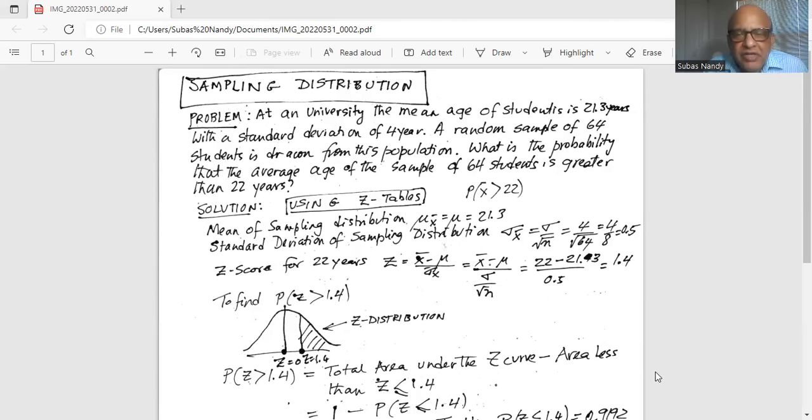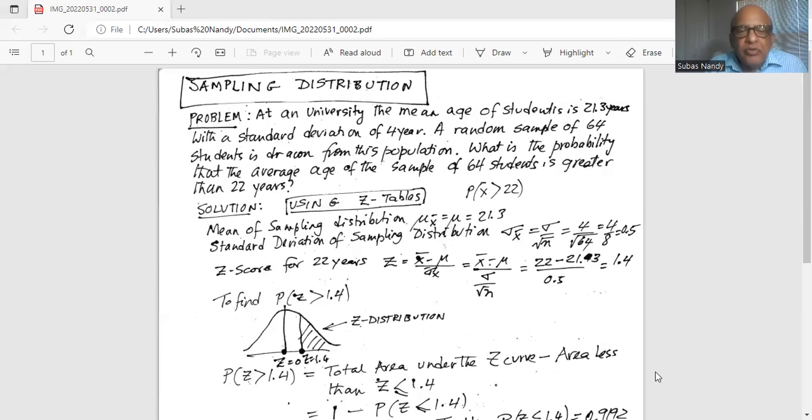Now the standard deviation of the sampling distribution, by which I mean the probability distribution of the sample means, is given by sigma x bar, which is sigma, the population standard deviation, 4 in this case, divided by the square root of the sample size, square root of 64, because my sample size is 64. Now the square root of 64 is 8, so it's 4 over 8, which is 0.5.